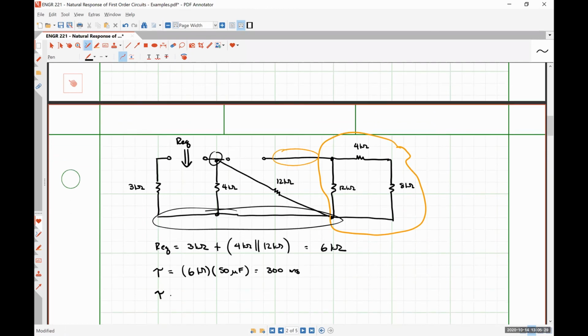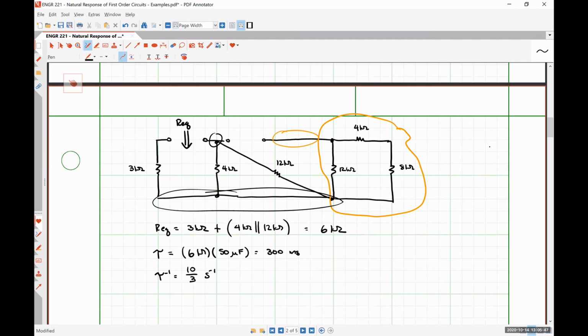Just because I prefer to express it this way, the reciprocal of tau is then ten-thirds per second.